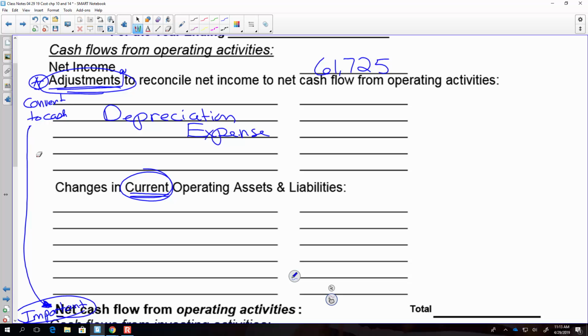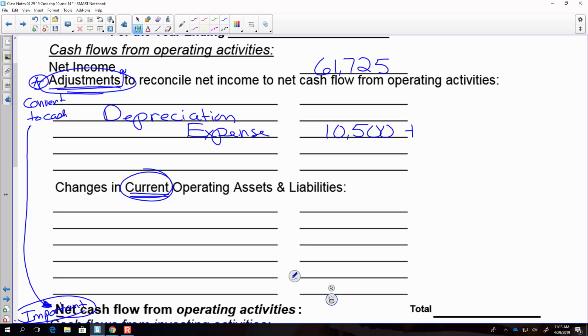So it went up, right? So he must have incurred depreciation expense of how much? Excellent. Do we add or subtract? Yeah.